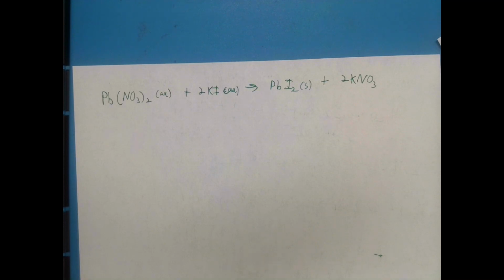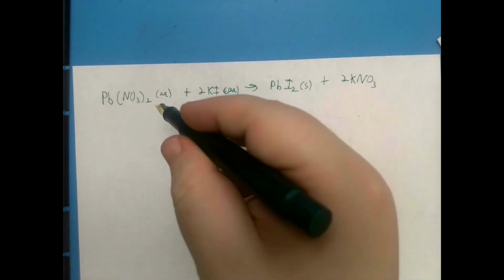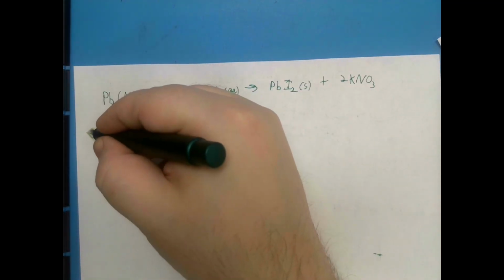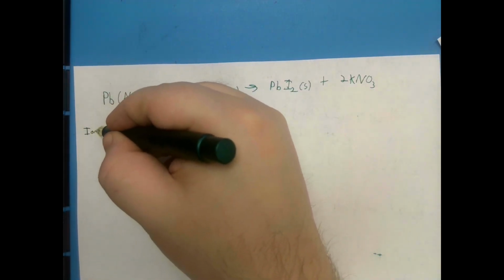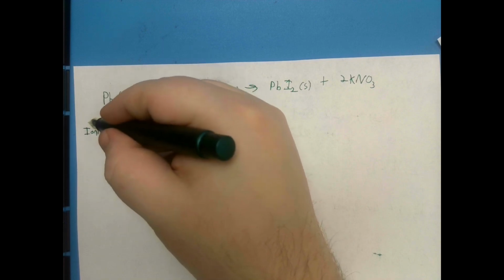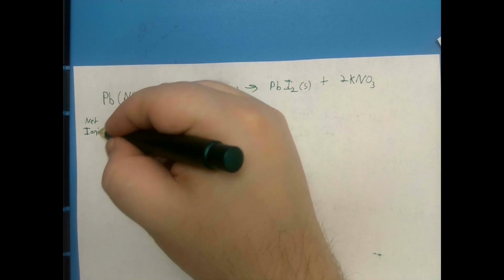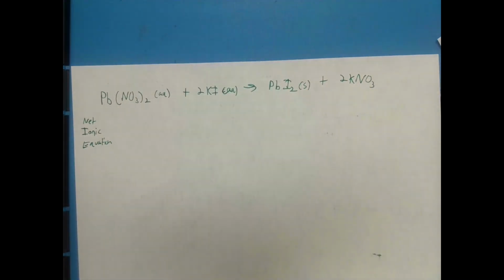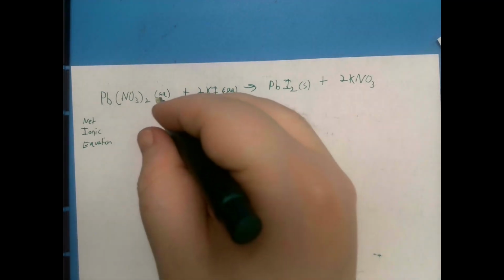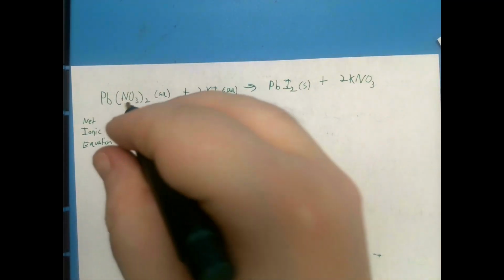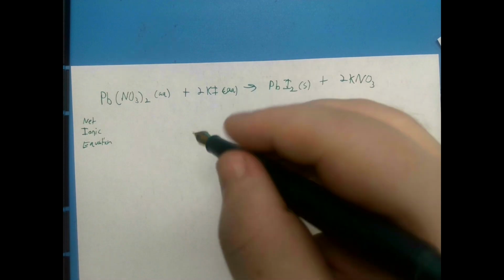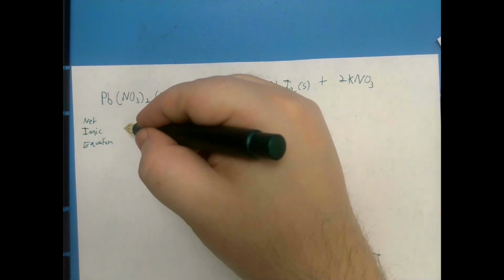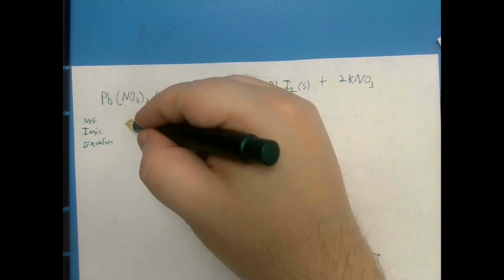So this is the full equation. We can turn this into the ionic equation, the net ionic equation. First step, ignore subscripts and coefficients, and just write out entirely all the ions.